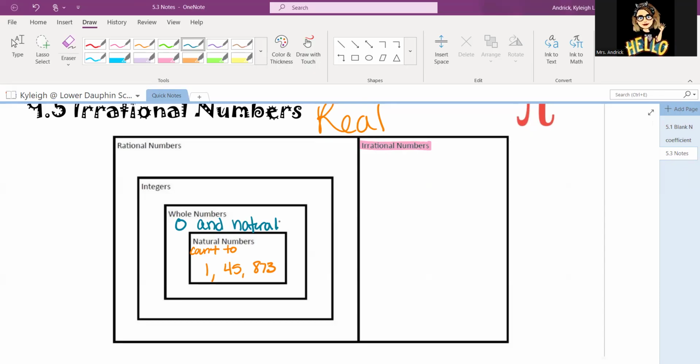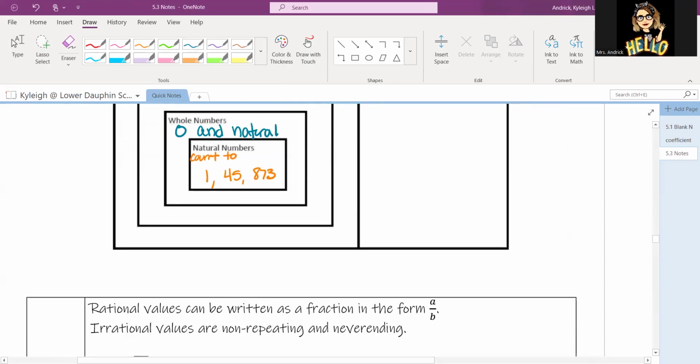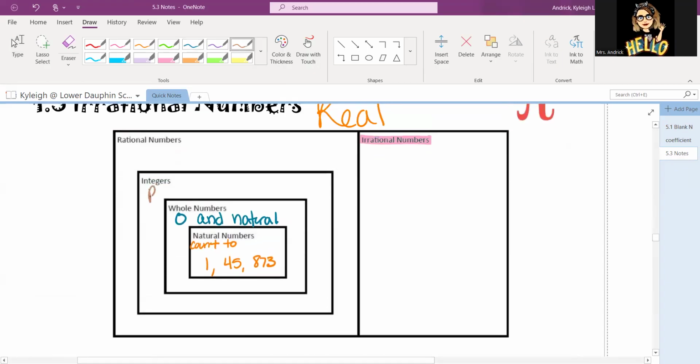Then we go into integers, which is what we've been talking about all year for the most part. Integers are positive and negative whole numbers.